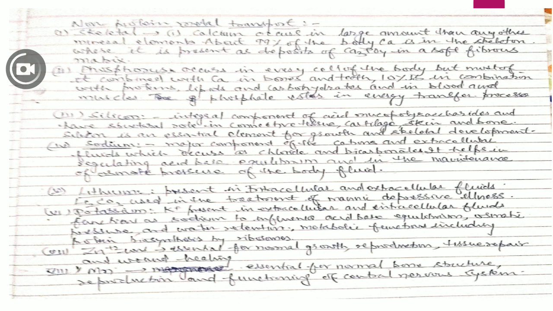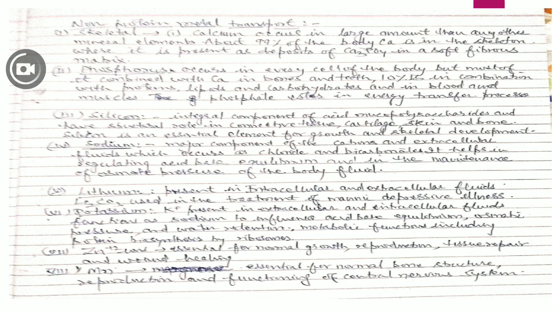One is the skeletal form of metals. As we know, any animal body or human body consists of calcium. The skeletal is in the form of calcium phosphate.